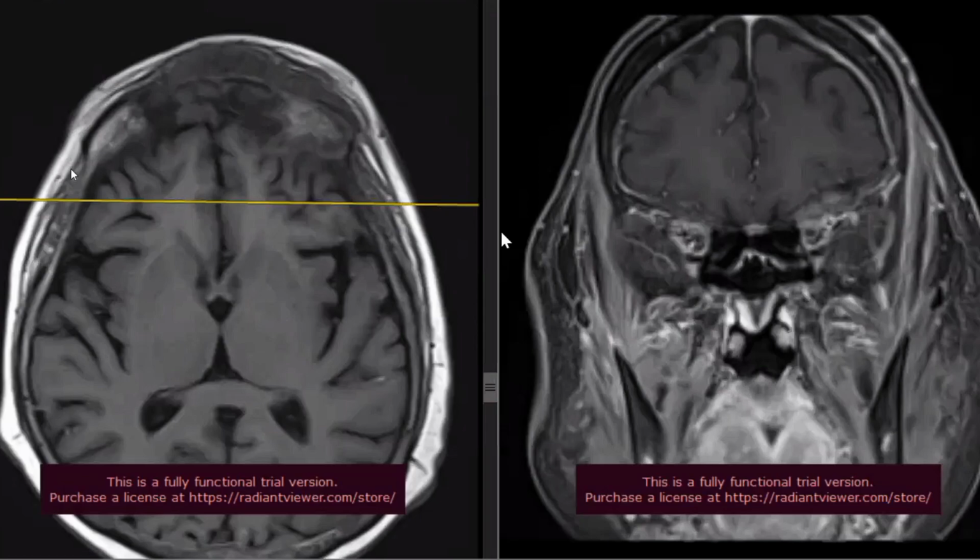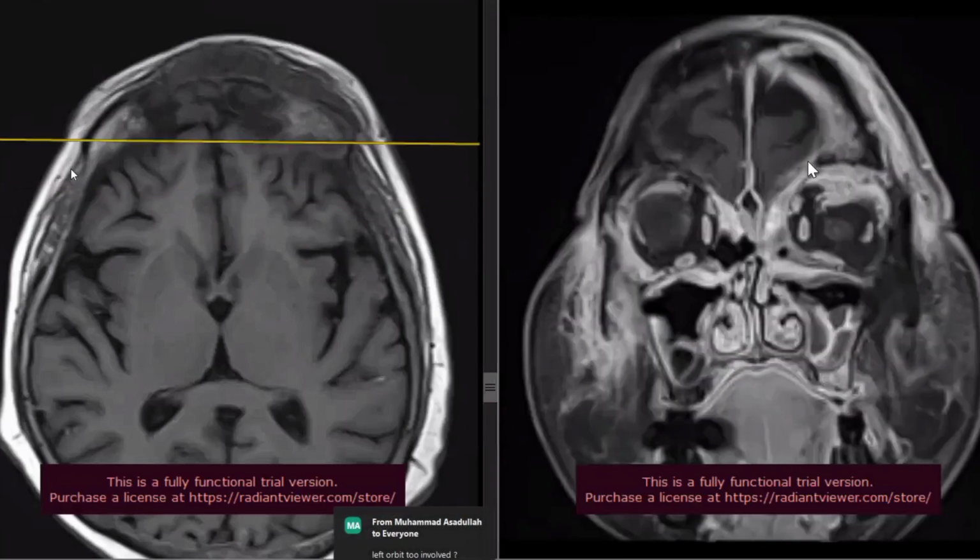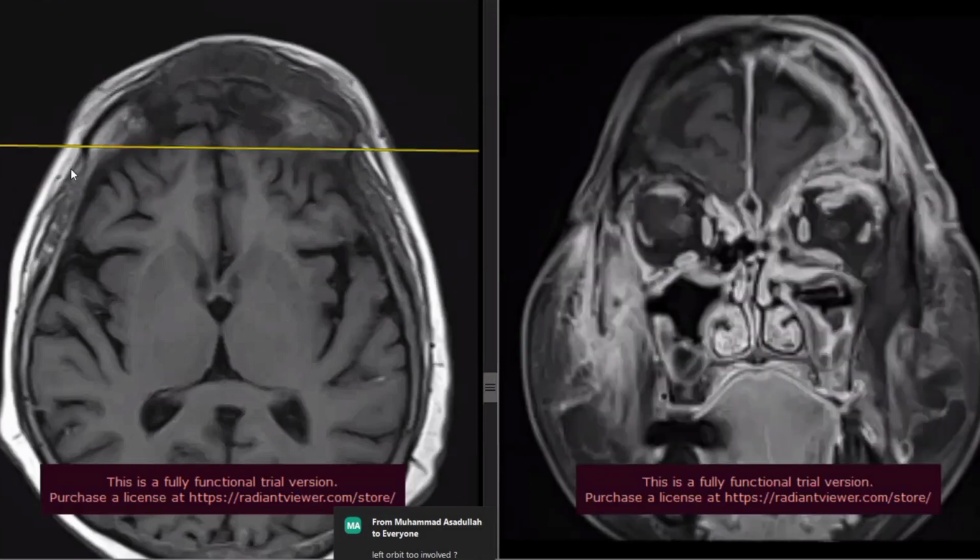So you have to be very careful reviewing all details on axial, sagittal and coronal images, because if you see a parenchymal abscess, they go for craniotomy. Otherwise, they just clean the sinuses and give antibiotics to treat the meningeal involvement. So your words and reports are the clue towards the treatment.